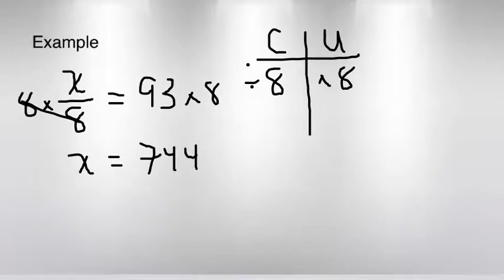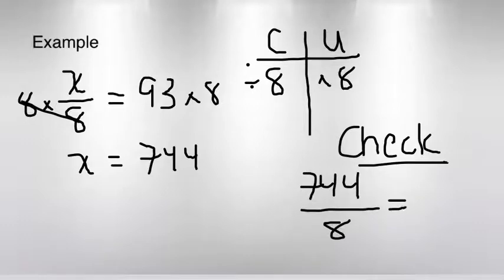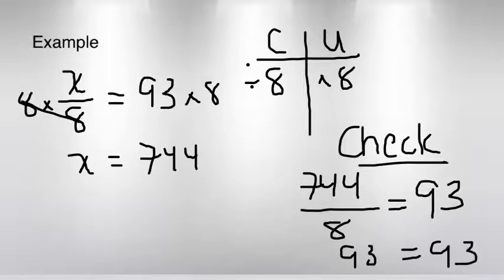And then I need to check that, so we'll come over here and we'll check it. I'll actually say, is 744 divided by 8 equal to 93? So go ahead and use your calculator and check that out to make sure it does work, and I should get 93 equals 93, and you're done.